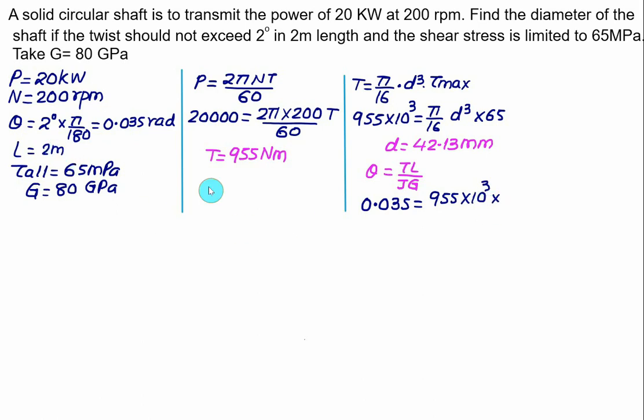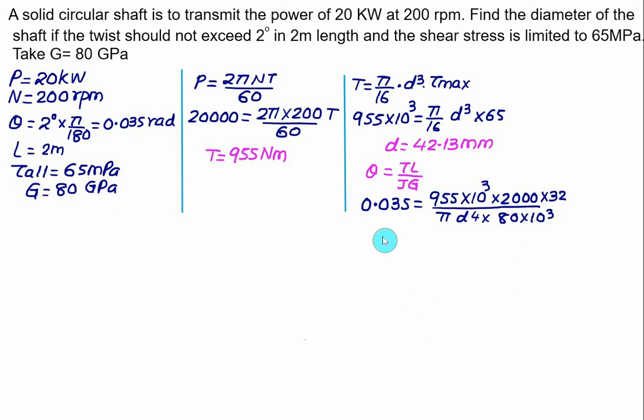Length is given as 2 meter, that is 2000 mm, divided by polar moment of inertia, pi by 32 times diameter to the power 4, and G is given as 80, so we have 80 into 10 to the power 3.